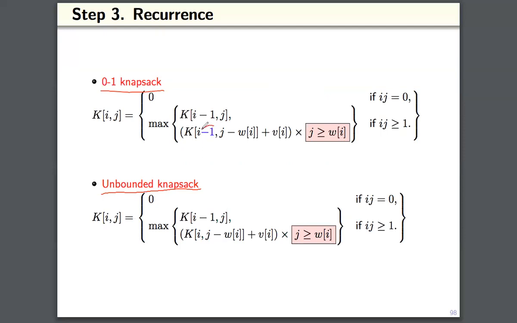The difference is only here. Only one, yeah. In 2 characters, -1. Look at the beauty of these recurrences, right? The difference between the recurrences for 0, 1 and unbounded is only in 2 characters.